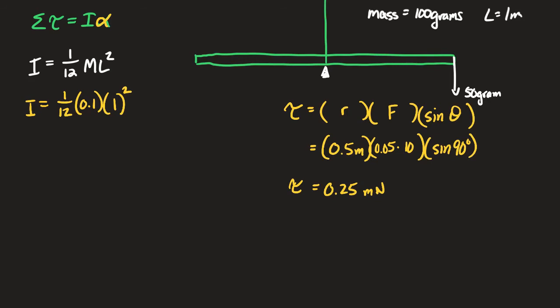Good so far? Feels like we're pretty close to being done, doesn't it? We could just take this and put it here for torque, and this and put it here for I, and it feels like we would be done. Any question about what we're going to do next?